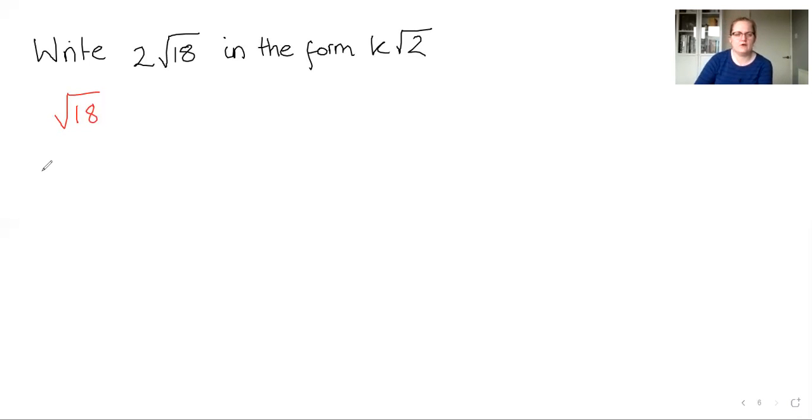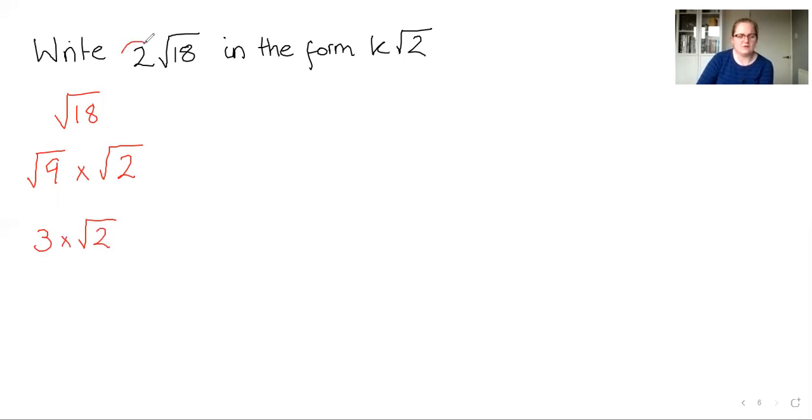Well, 9 does. So we will have root 9, and 9 goes into 18 twice, so we'll have root 9 multiplied by root 2. The square root of 9 is 3, so we would have 3 multiplied by root 2.